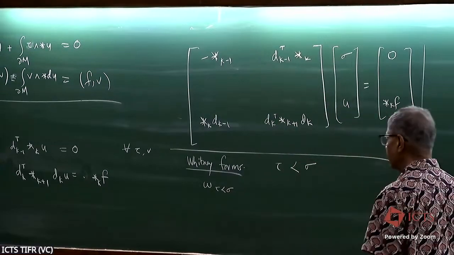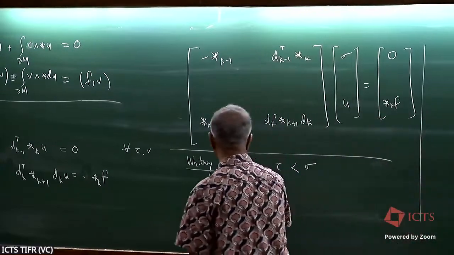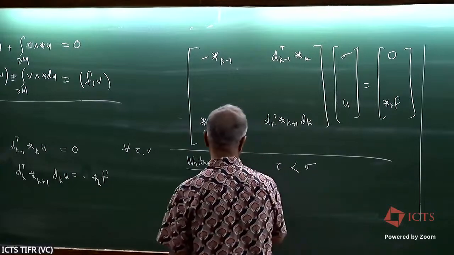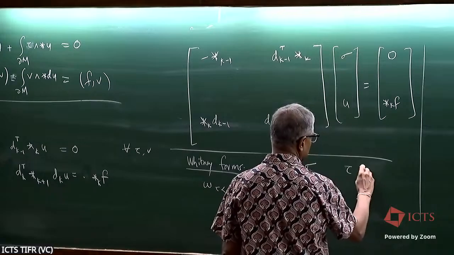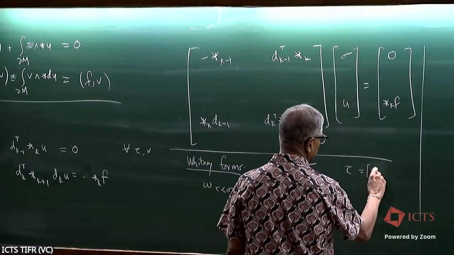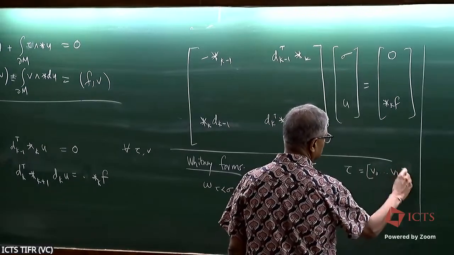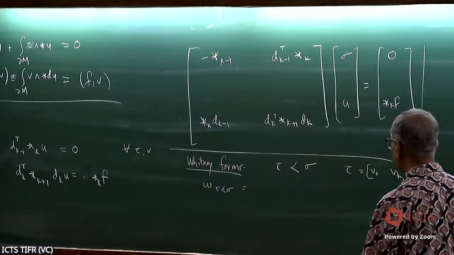Both are important. And they will be written simply in terms of barycentric coordinates. So suppose this is a K simplex. In fact, let's take it to be this. These are the vertices of that simplex.